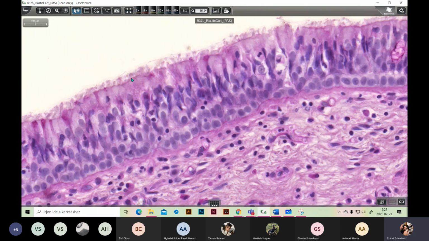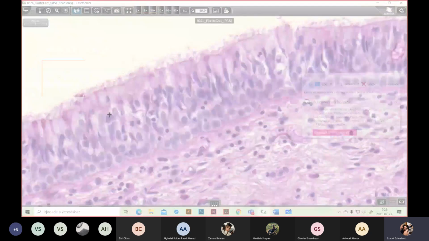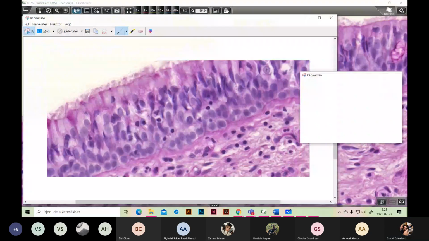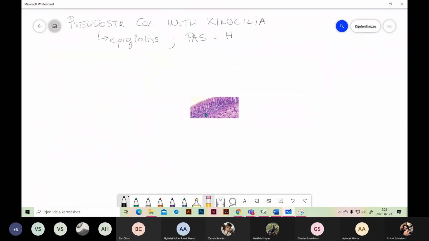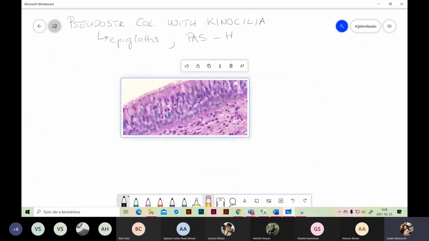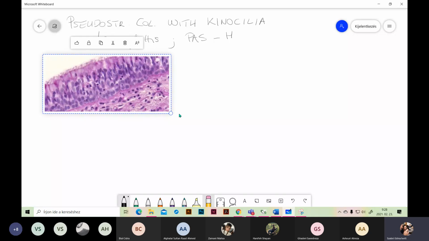So let's see the extra cells of the epithelium. I make a photo from this part. This is the epithelium. Here you see the cilia.